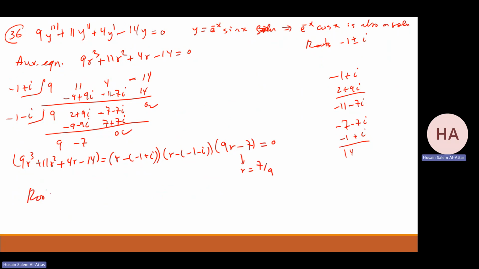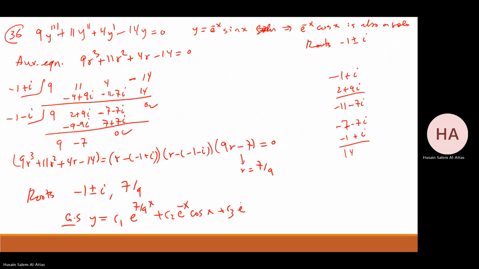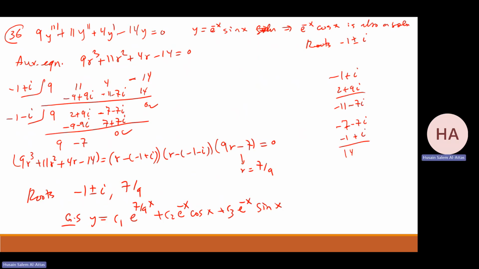So what are the roots? Minus 1 plus or minus i and 7 over 9. General solution: y equals C1 e to the 7 over 9 x plus C2 e to the minus x cosine x plus C3 e to the minus x sine x. Yeah, that will be the correct answer. And it is.